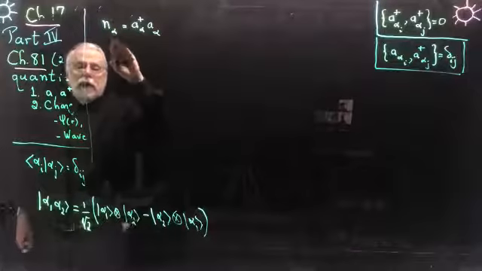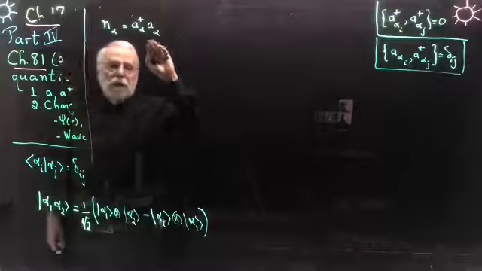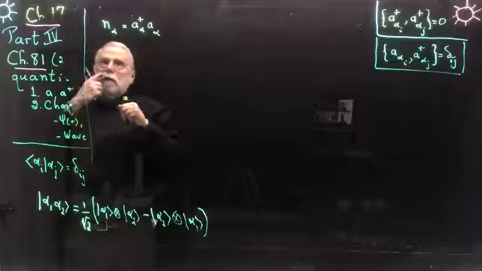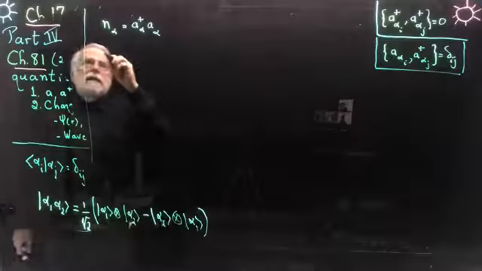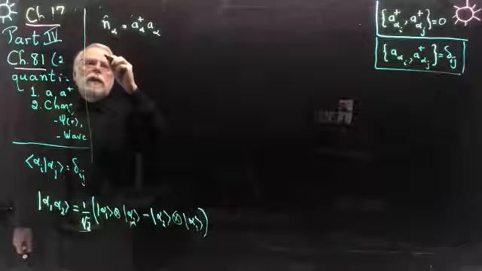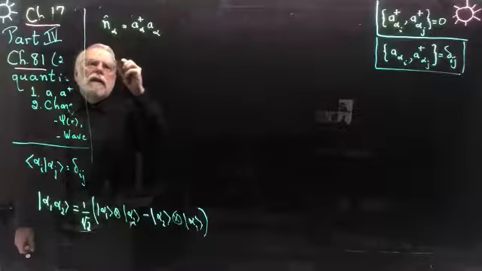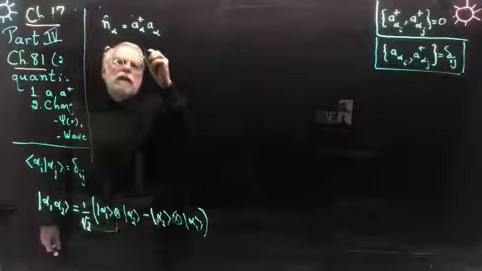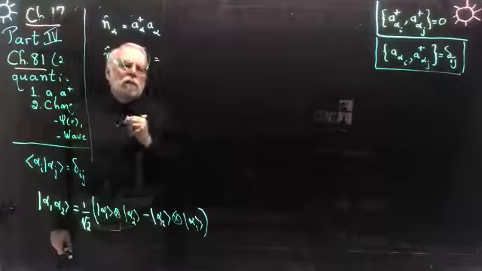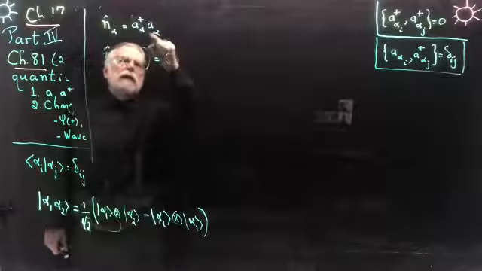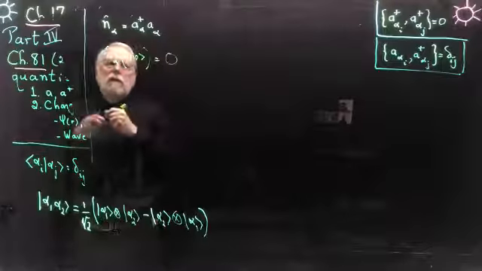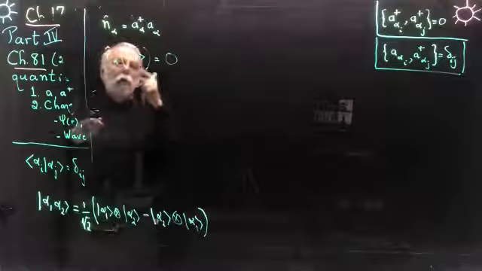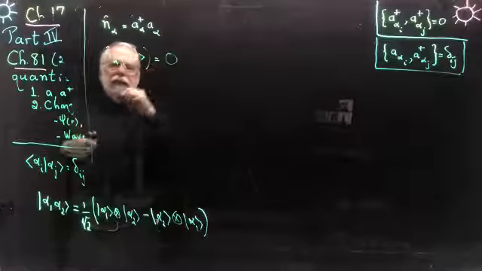And all that the operator does is to count the number of particles in state alpha. Okay, to show you this, let's act with n(alpha) on the state |0⟩. So that gives 0. Okay, because A acting on |0⟩ is 0. So n(alpha) has discovered that there are no particles in state alpha in that state.